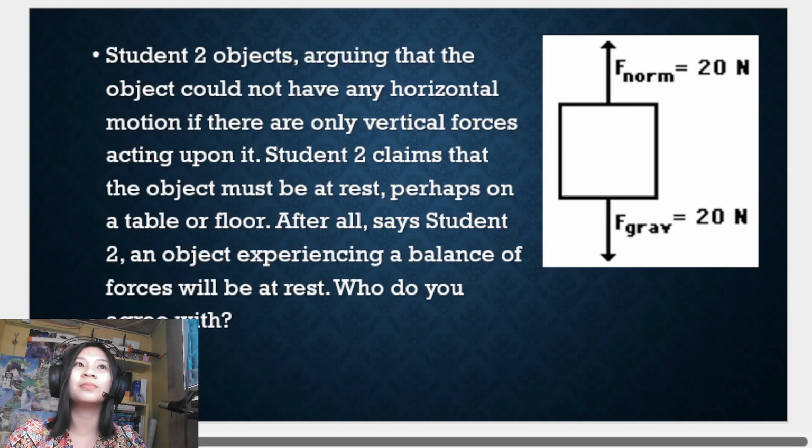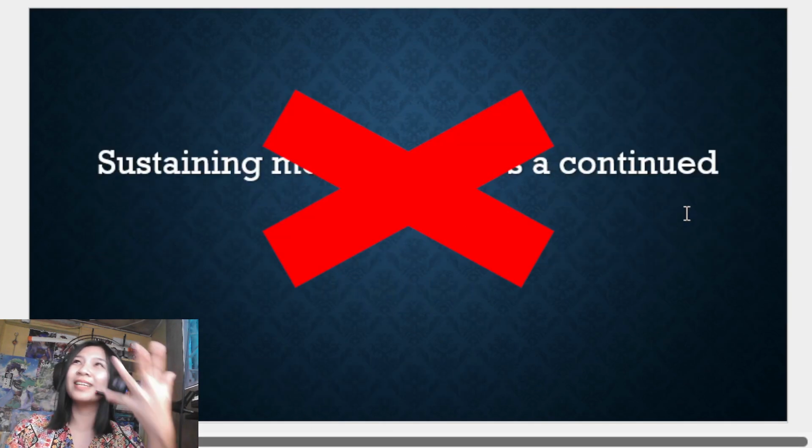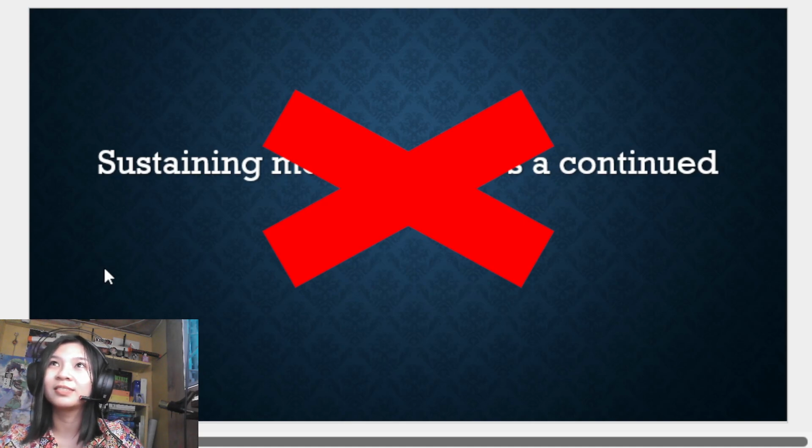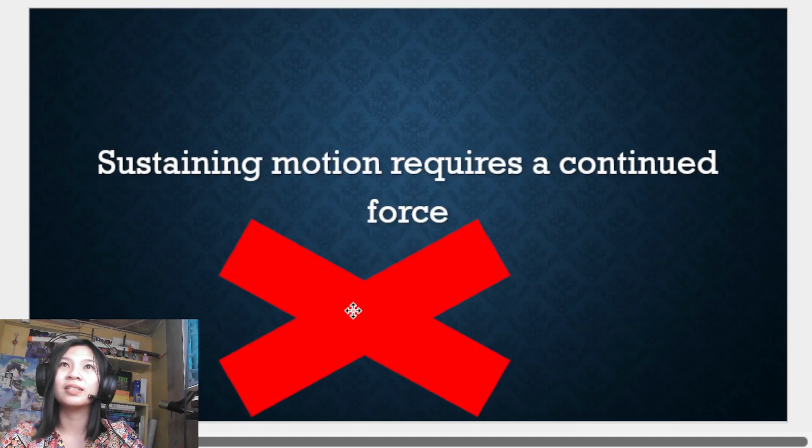No? So, during the law of inertia discussion, I have discussed that an object in motion will remain in motion unless there is an unbalanced force introduced. No? So, kung nag-move na ang isa ka object, dili na niya needed og another force because it will continue moving. So here, this is wrong.